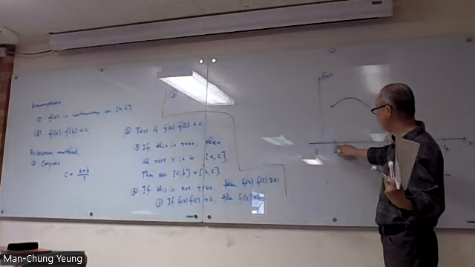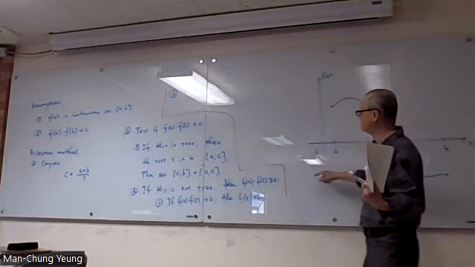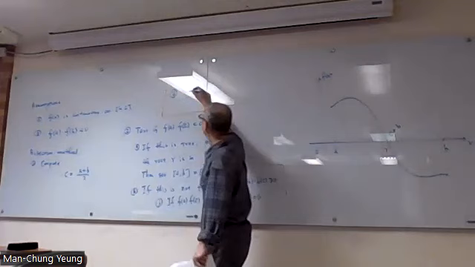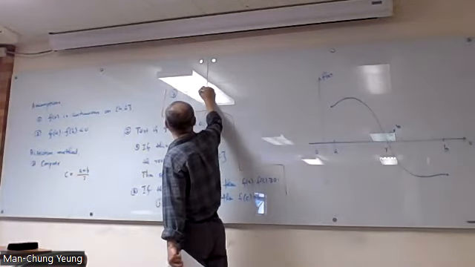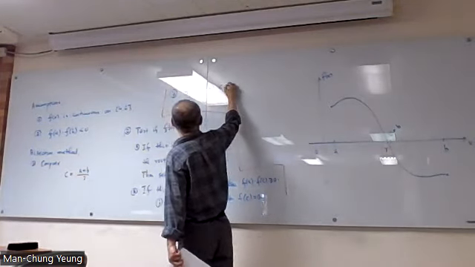But f of A times f of C greater than 0 means that f of C times f of B must be less than 0.